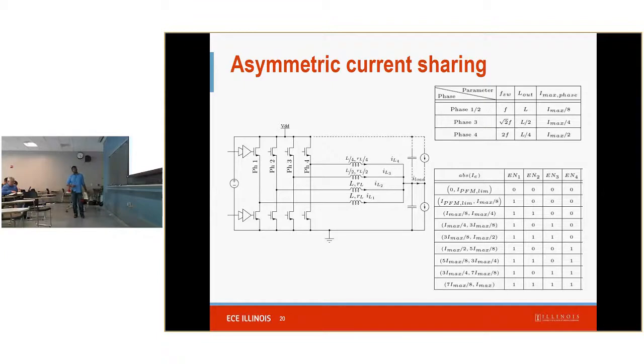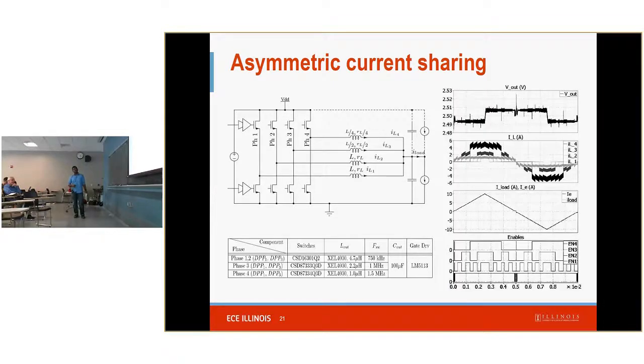this asymmetric topology. My plan is to control the inductor current of the high phase so that it is always turned on when high current is needed, and most of the time these 2 phases are going to be operating. So the plan is to control it in this fashion, where I have an output current ramp, and my inductor currents are going to behave like this.